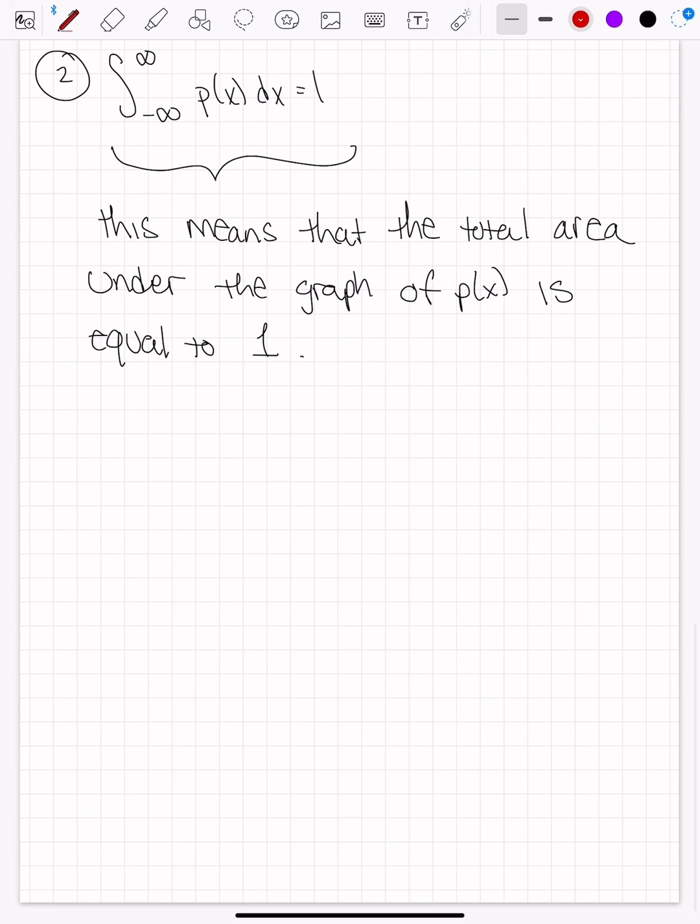And recall that the integral, right, is the area under the graph. So that's how we connect these two dots.